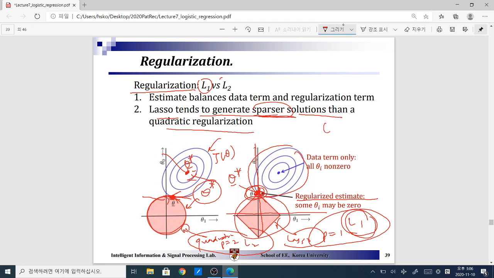Sparse being, rather than having theta 1 as well as theta 2, you only have theta 2, whereas here the solution needs theta 1 as well as theta 2 together. So this one is sparser than this because you only have one particular value for the lasso case than that of the quadratic case.